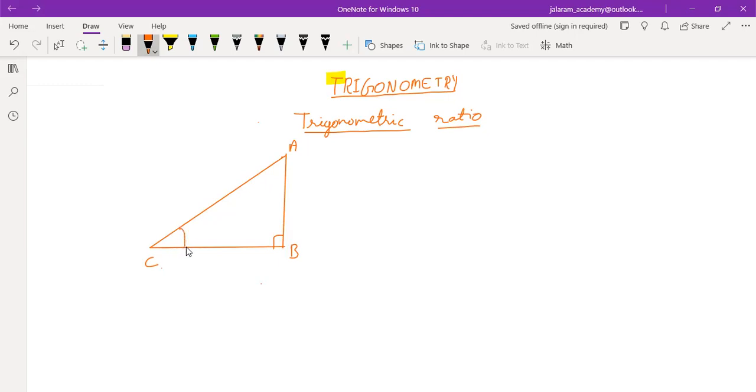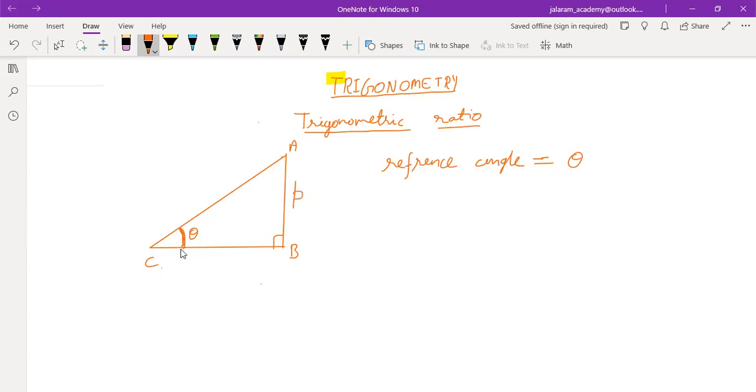So we consider one of the angles as the reference angle. That reference angle is denoted by theta. And remember, the side just opposite to this reference angle is called perpendicular.